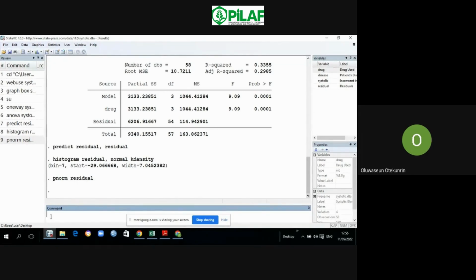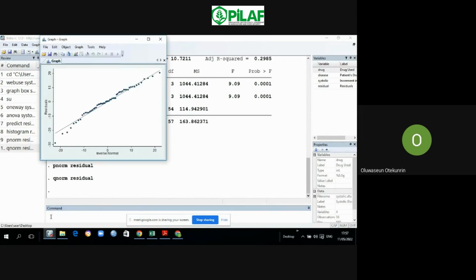So the next thing is to check the quantiles of the residuals against the quantiles of the normal distribution. So we type qnorm residual. Here the emphasis is on the tails.